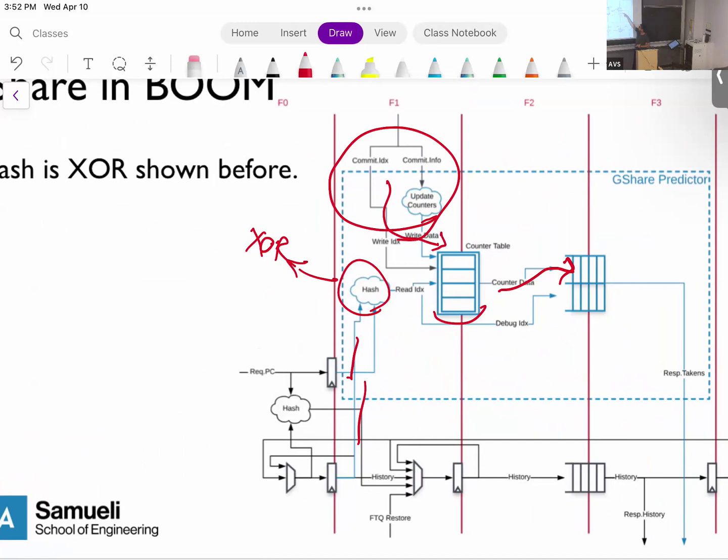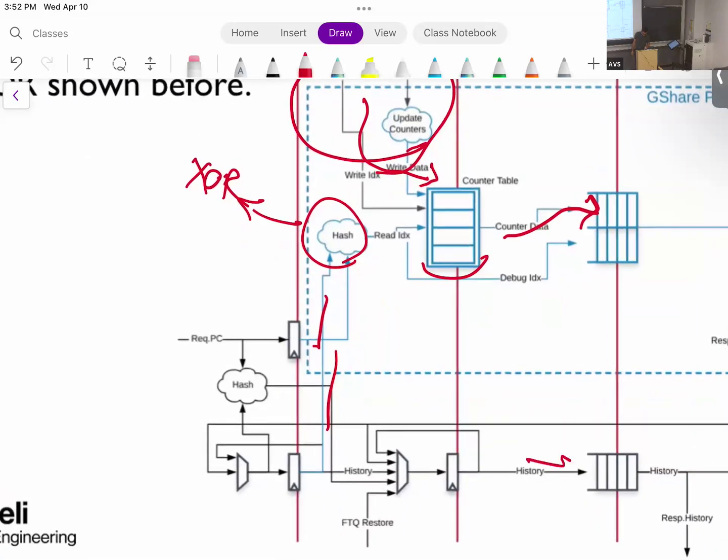The results go to some form of a buffer that's used in a later stage of the pipeline. And the history is this circular shift register, where one goes in and one goes out, and that's how we actually use the history. Okay, this is how we implement it in BOOM.